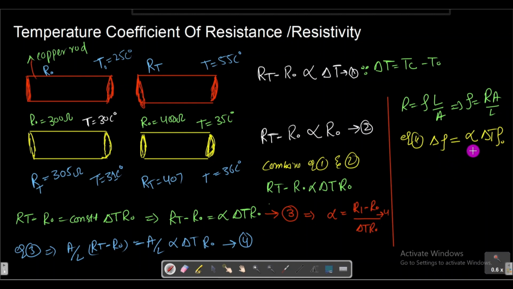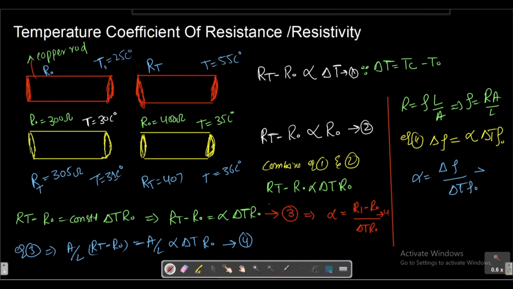So from here alpha is equal to del rho divided by del T rho naught.